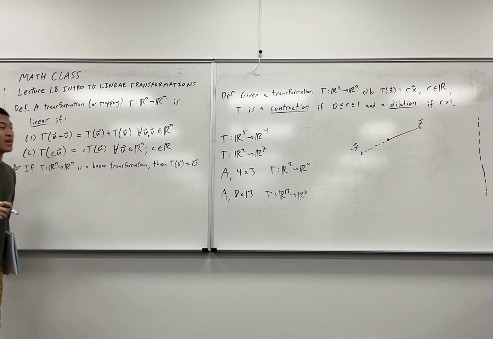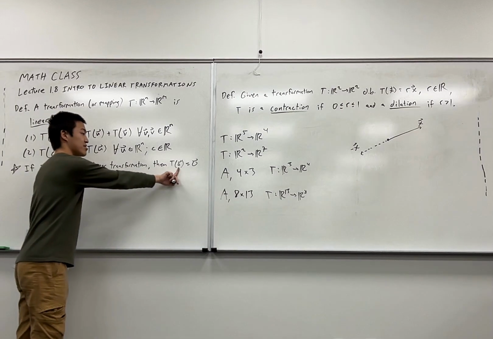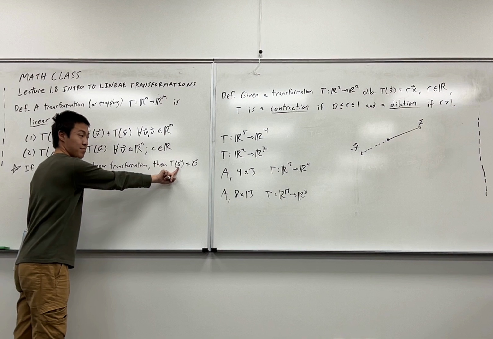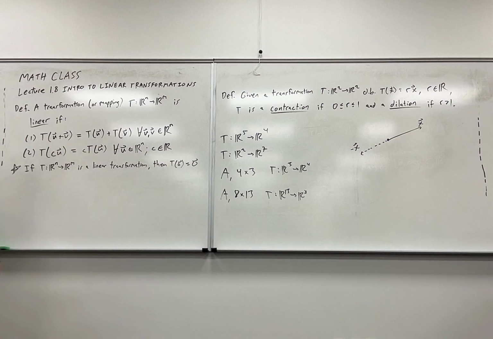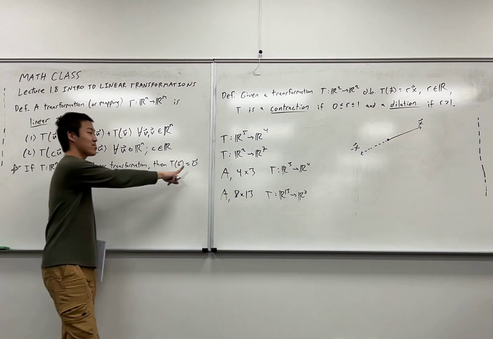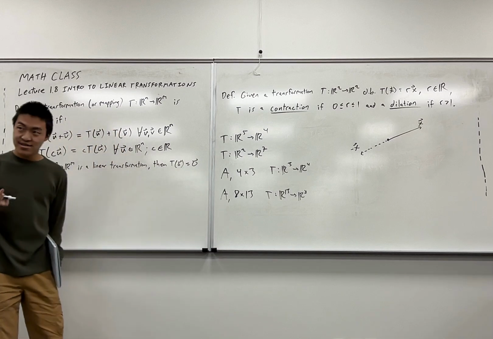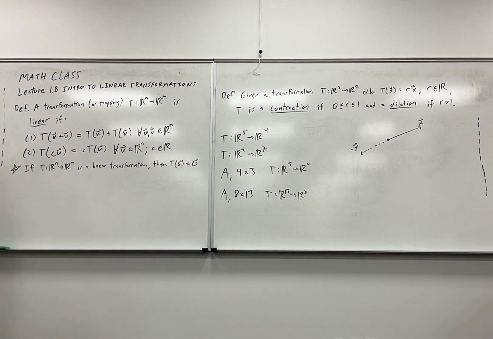Now, I do want to be careful here. This 0 vector in the input has how many entries? N. How many zeros are stacked up to form this 0 vector? Are they necessarily the same number of entries every time? No.